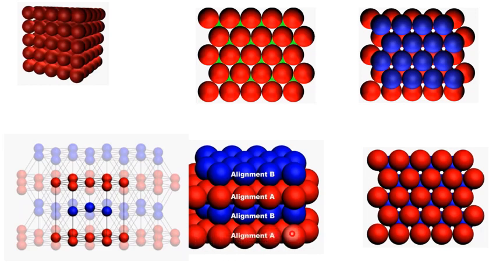The alignment of the atoms in the first and third layer is exactly the same. The arrangement of the second and fourth layer is exactly the same. Thus, the 3D stacking of the atoms for this scenario is alignment A, alignment B, alignment A, alignment B.